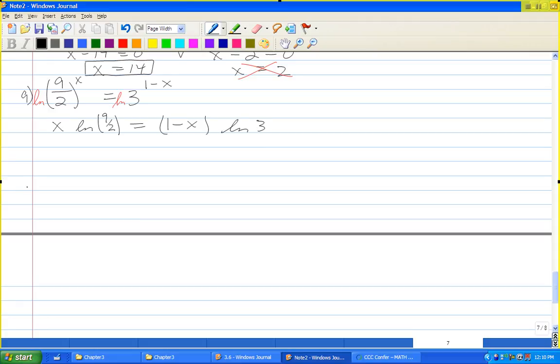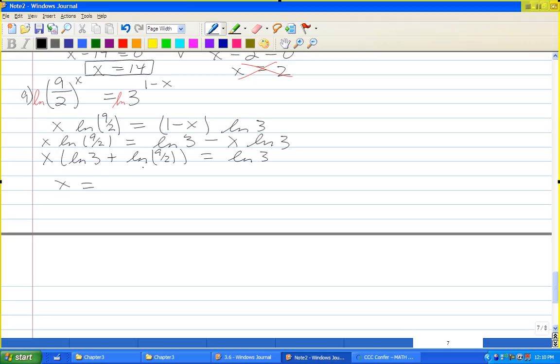And so, I have x ln 9/2 equal ln 3 minus x ln 3. And so I have x ln 3 plus x ln 9/2 is equal to ln 3.